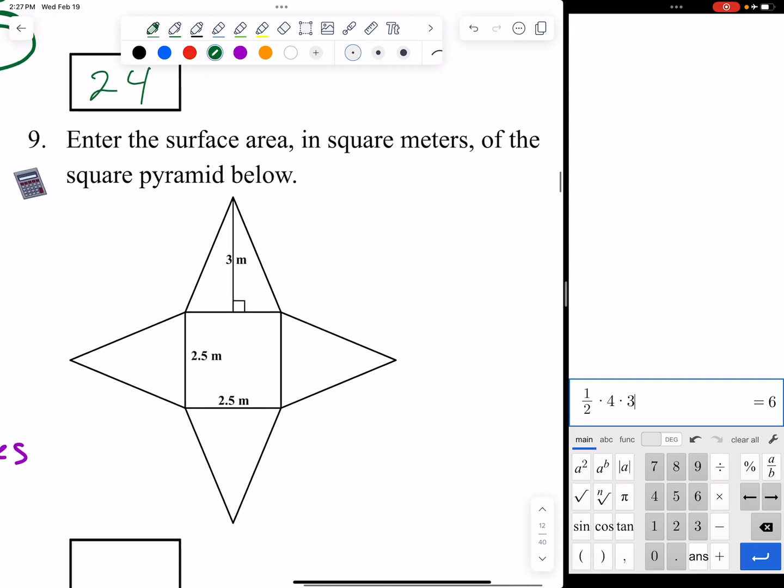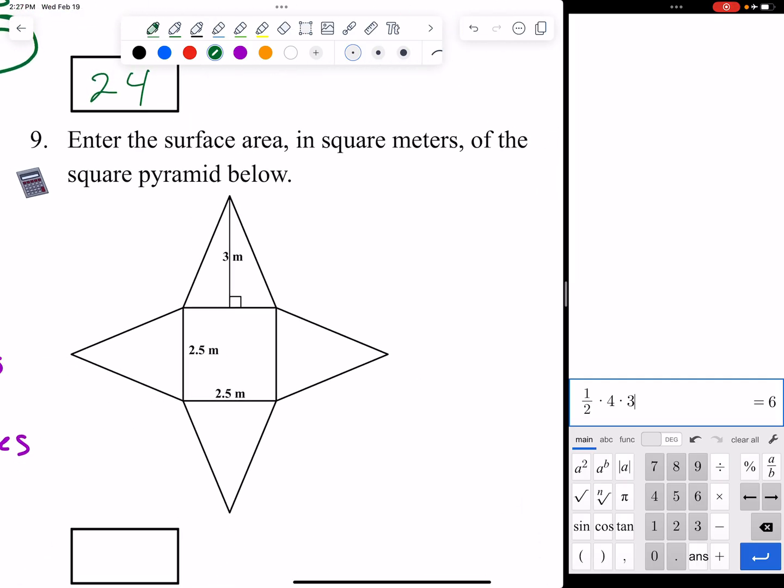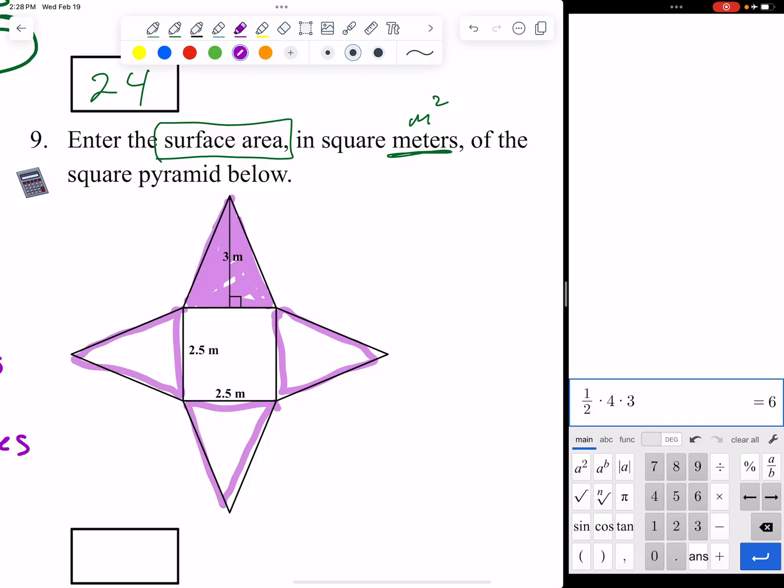Can you see it? So enter the surface area. Okay, so it's what's on the outside. In square meters. So square meters means I'm going to multiply meters times meters. Of the pyramid below. So can we see visually that this triangle is the same as this triangle, is the same as this triangle, and is the same as this triangle?